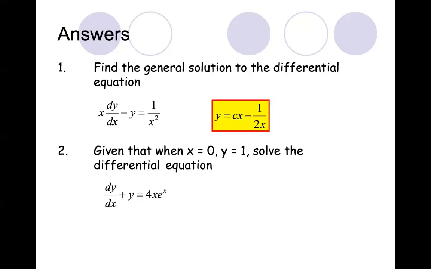For the first problem, you should get y equals cx minus 1 over 2x, where c is some arbitrary constant because you don't have any initial conditions there. For the second problem, you should get y equal to x minus 1 e raised to the power x plus 2 e raised to the power negative x. Because you have initial conditions there, you don't need to have any c in it.